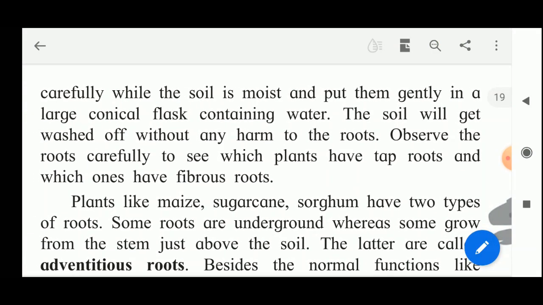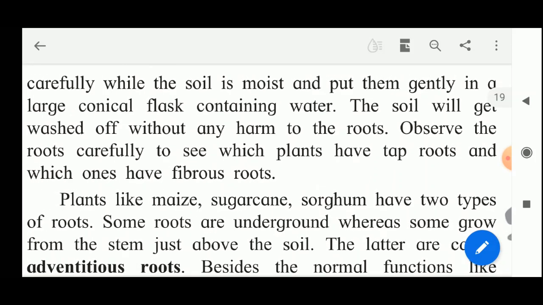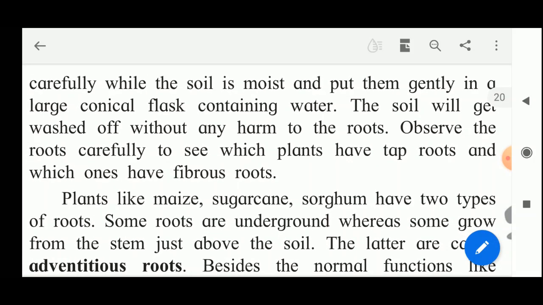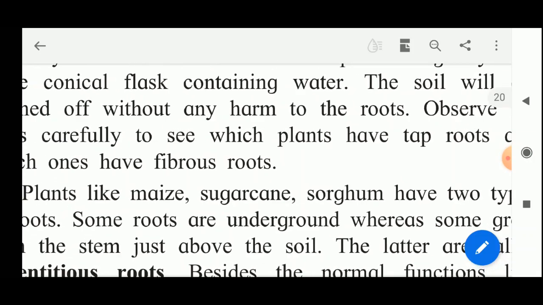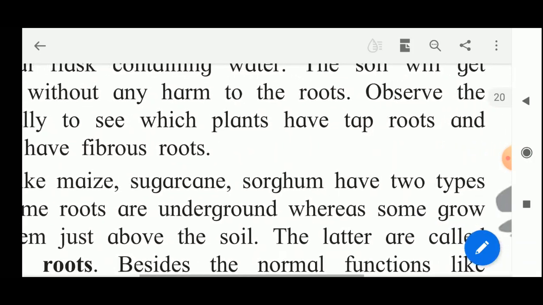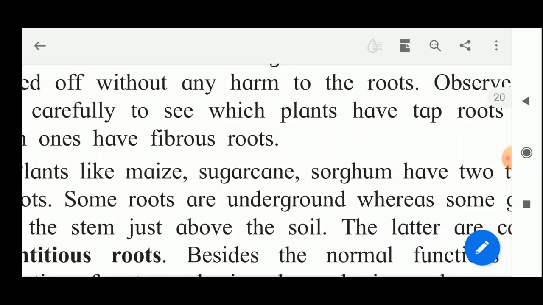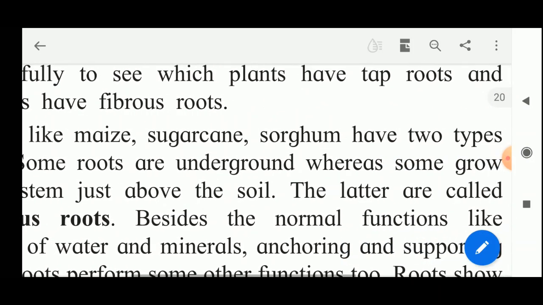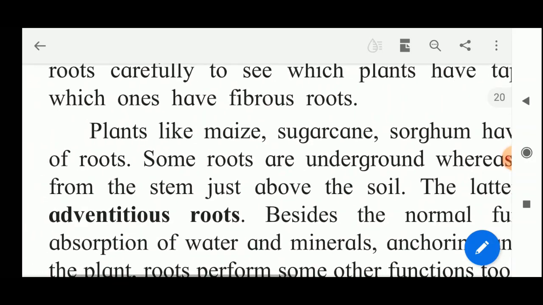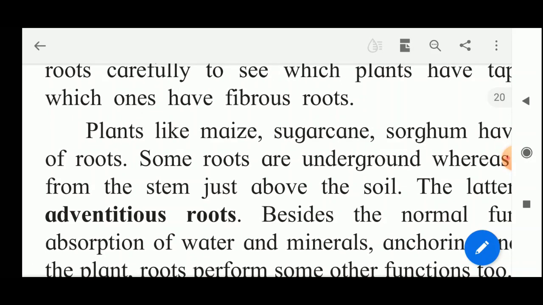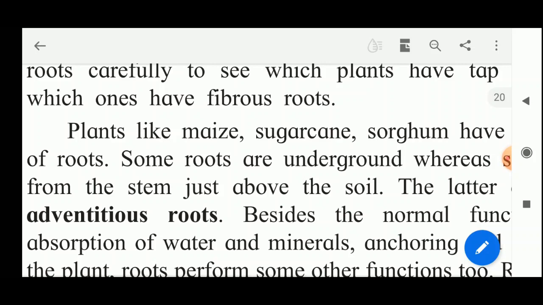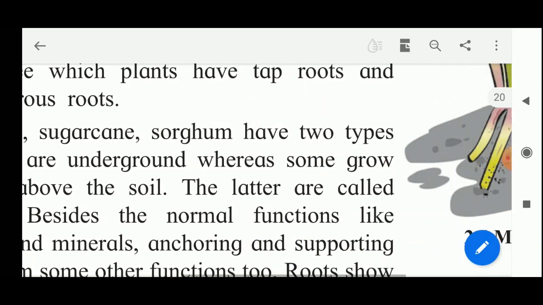Observe the roots carefully to see which plants have tap roots and which have fibrous roots. So we see that plants like maize, sugarcane, and sorghum, meaning jawar, have two types of roots. Some of the roots are underground, whereas some grow from the stem just above the soil. Those roots which grow just above the soil are called adventitious roots.